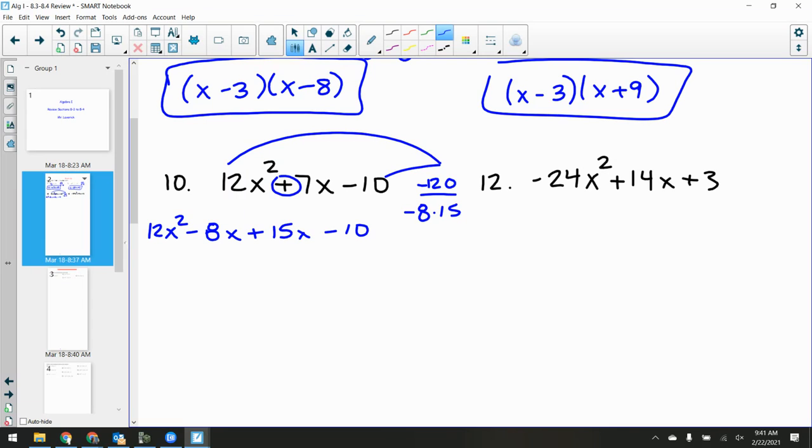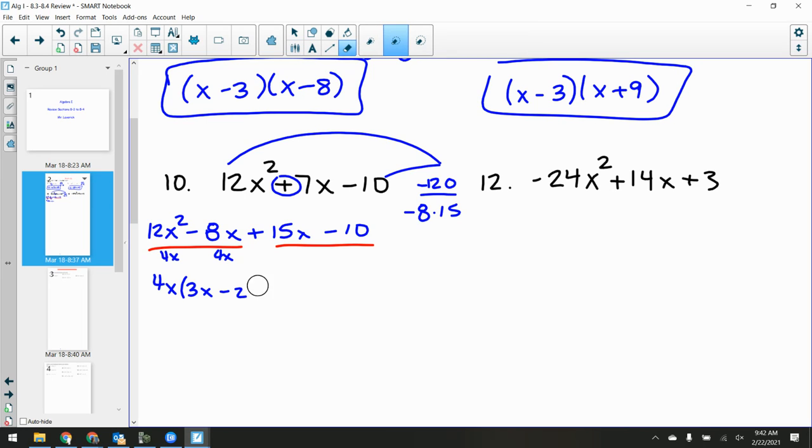And now we factor by grouping. Underline first 2, last 2. Looks like I've got a 4x to pull out, leaving, remember we divided out, 12 divided by 4 is 3. x squared divided by x is just an x. 8 divided by 4 is 2, and the x should not be there. And then my GCF here is a positive 5.